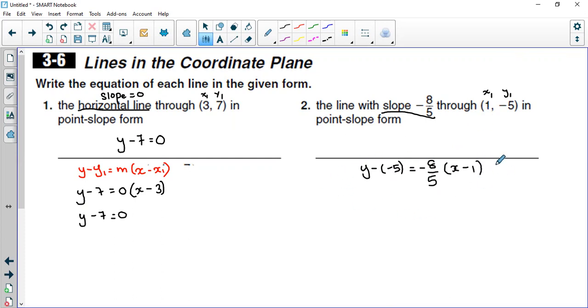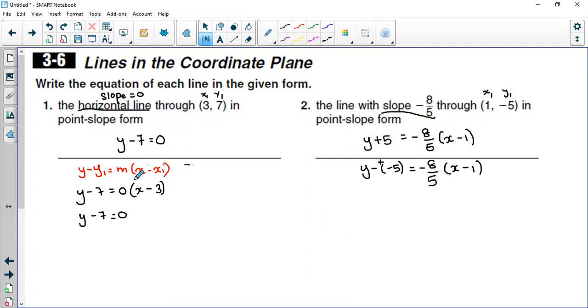Now, you're not going to do anything here because they need it in point slope form. You will only multiply these two, which will give you a positive sign. So, in point slope form, your equation will be y plus 5 equals negative 8 over 5 times (x minus 1). That's it. You're not going to solve anything. You're not going to do anything. This is going to be a point slope form.